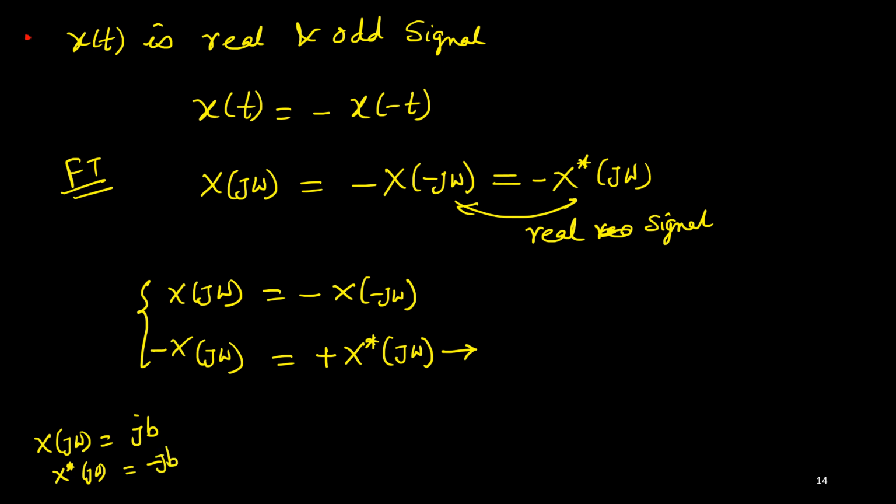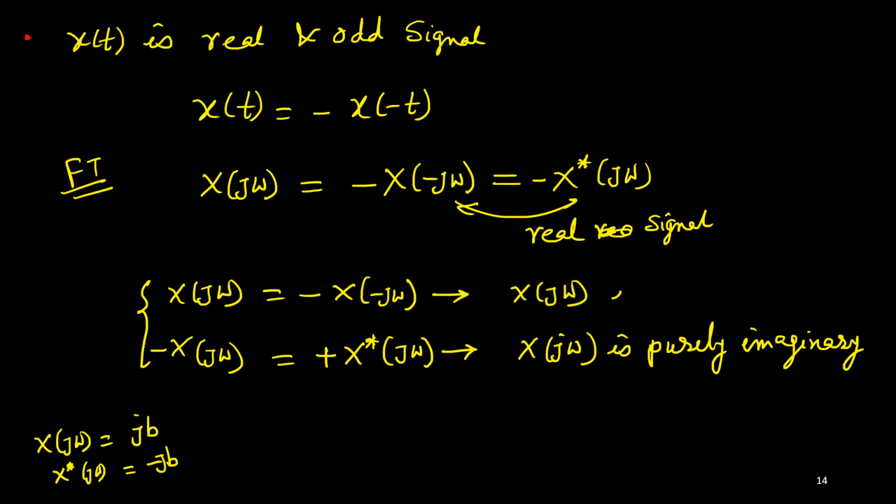That indicates that the spectrum X of j omega is purely imaginary. There is no real part of this X of j omega, right? And this indicates it is a minus of this one. Negative side is minus of positive side, so it indicates that X of j omega is an odd function.